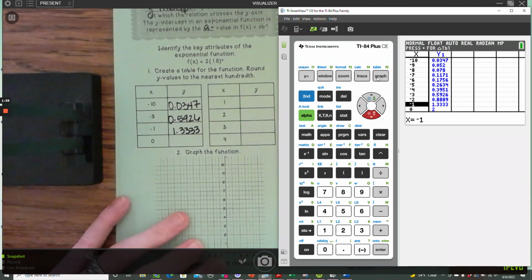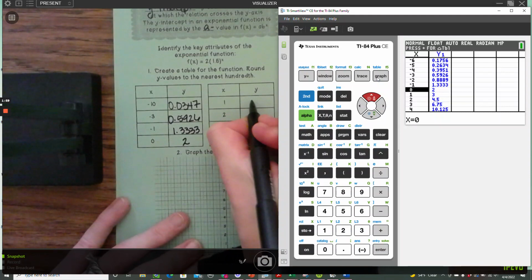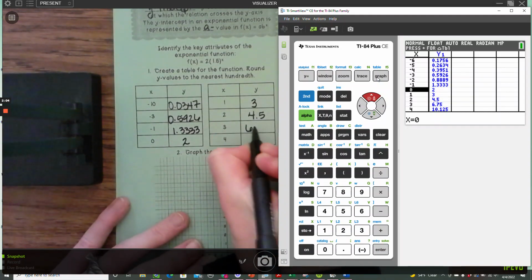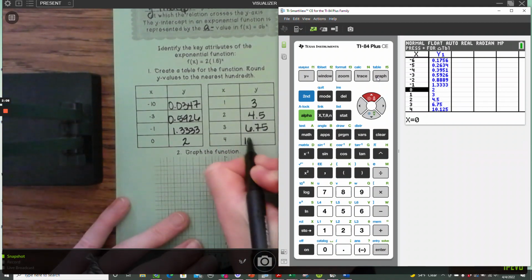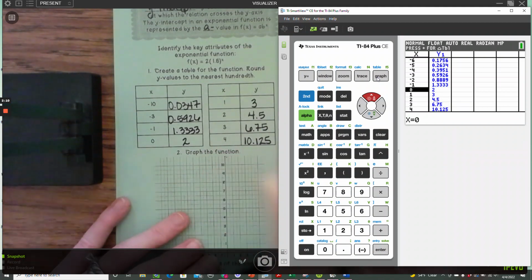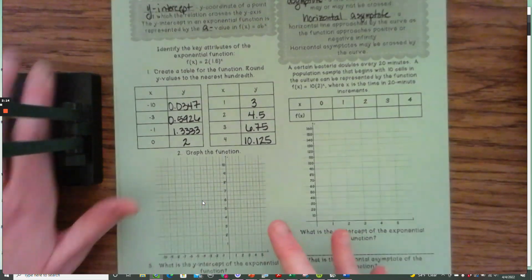And then 0 is a 2. Get a couple more values up there. 1 is a 3. 2 is a 4.5. 3 is a 6.75. And then 4 is 10.125.